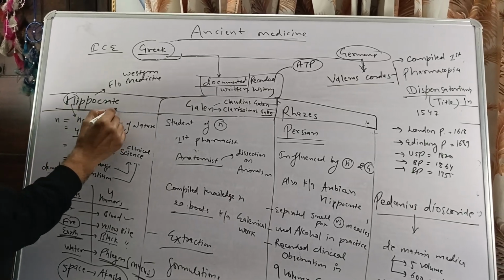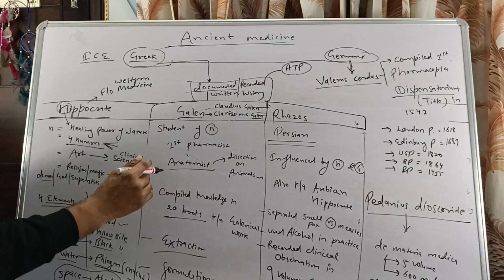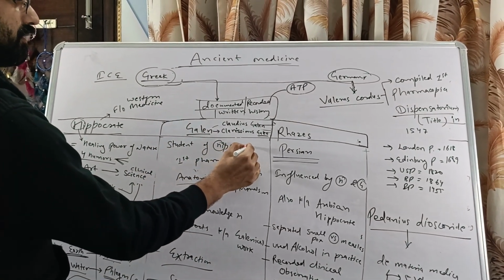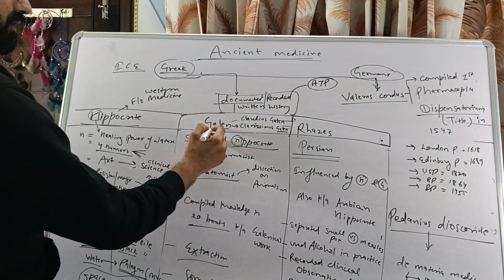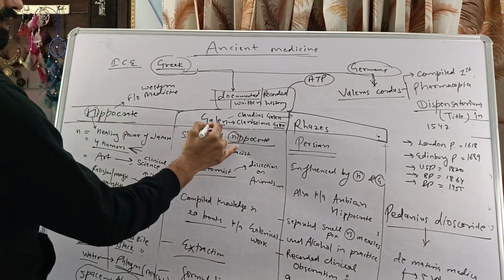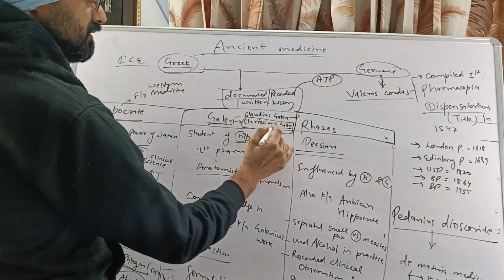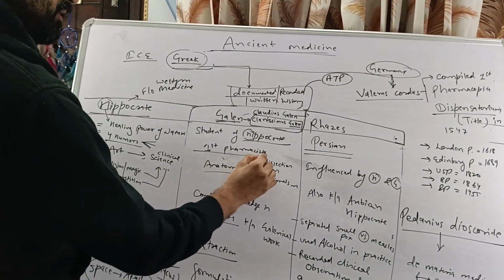Hippocrates had one student known as Galen. Galen was a student of Hippocrates. He was influenced by Hippocrates, and his name was Claudius Galen. Galen was the first pharmacist.